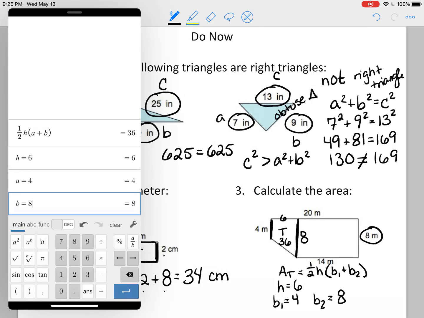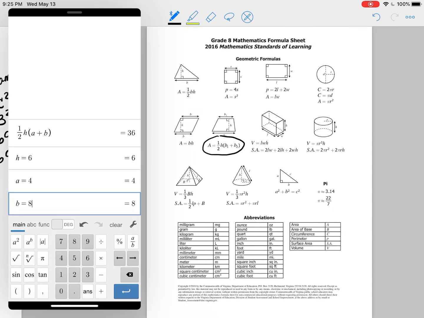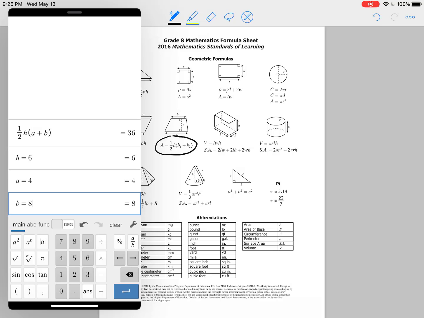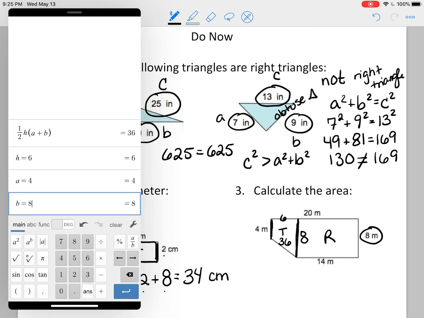So I'm going to put a 36 in here so we know that we're going to use that later. Now we need to find the area of the rectangle. If we look at our formula sheet, the area of a rectangle can be found with the formula LW. So the area of the rectangle is equal to LW.